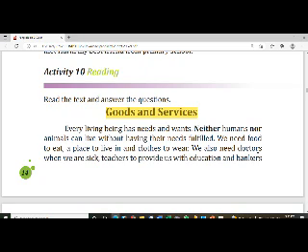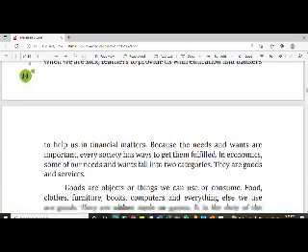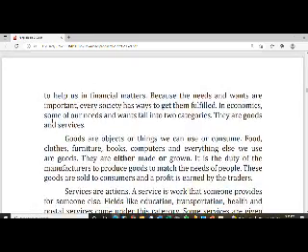We also need doctors when we are sick, teachers to provide us with education, and bankers to help us in financial matters. Because the needs and wants are important, every society has ways to get them fulfilled.